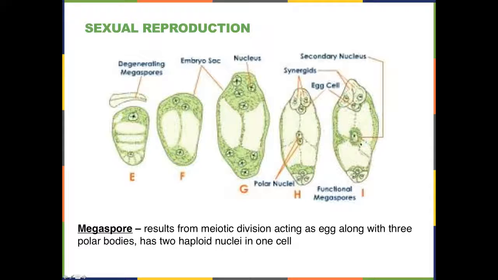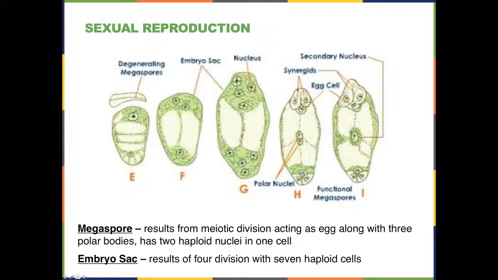And this right over here is what's known as the megaspore, this structure here. And one of these nuclei will end up becoming the endosperm, and the other ends up becoming the fertilized plant. So this whole thing here is called an embryo sac, and it contains all haploid cells.